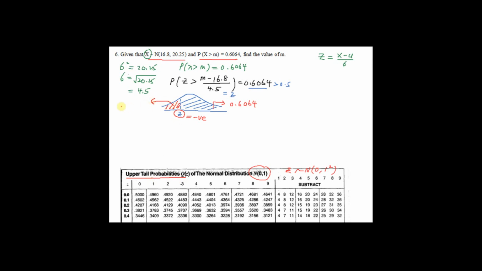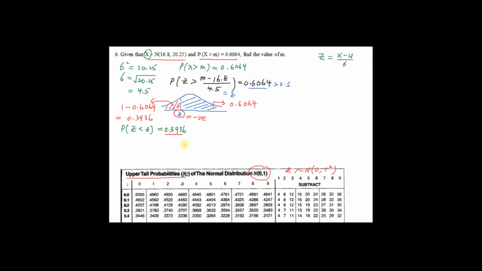This equals 1 minus 0.6064, which is equal to 0.3936. So this implies that the probability Z less than this small z here equals 0.3936. But what we have here is the upper tail probability. You may notice here the 0.3936 is inside the probability table.